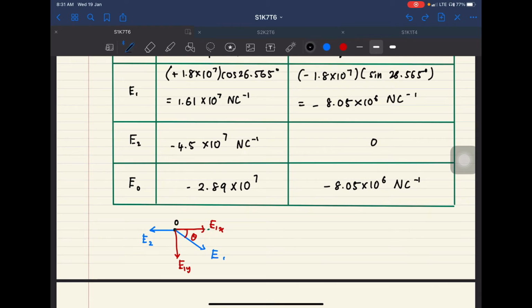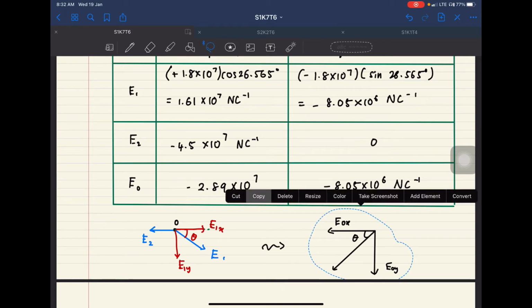If I were to redraw, it means to the left and downwards. So E0x, E0y. Your resultant vector will be in that direction. The angle that you want to put is toward the x-axis. Just copy this one.